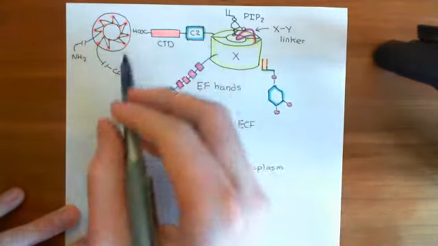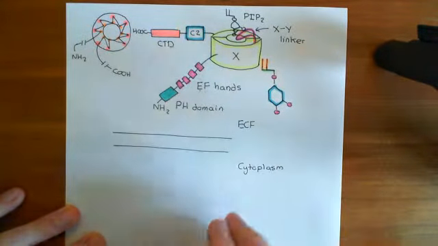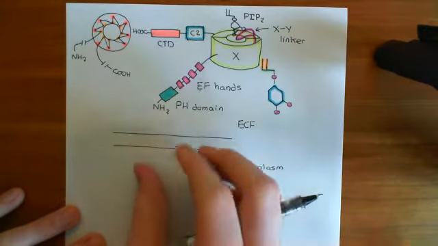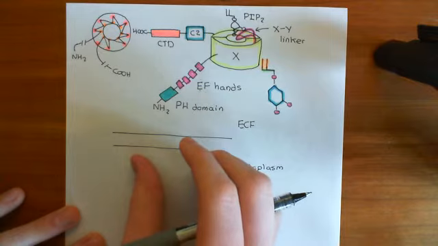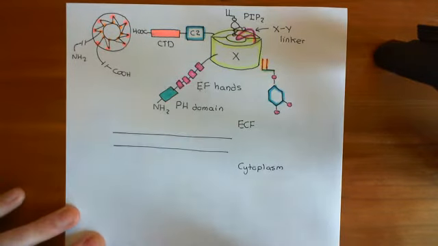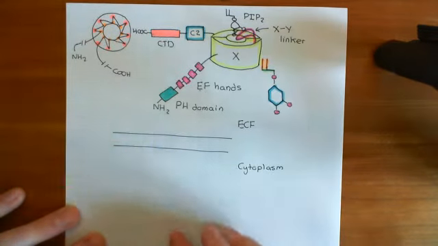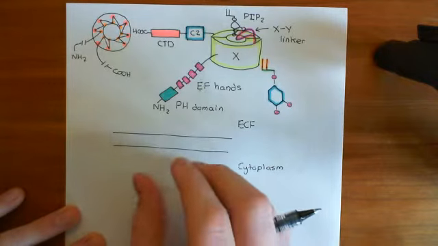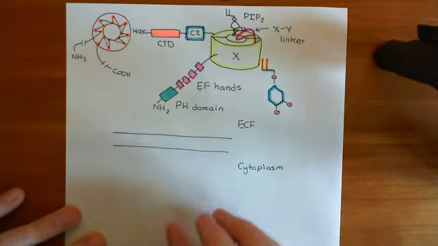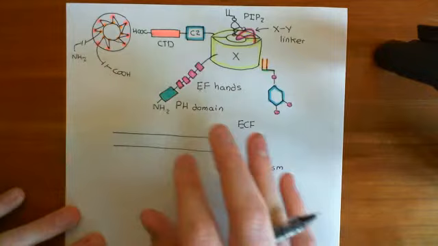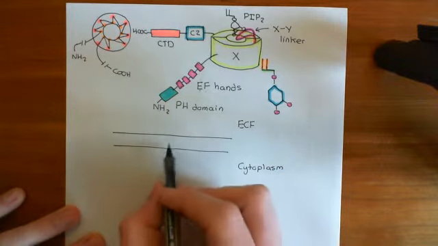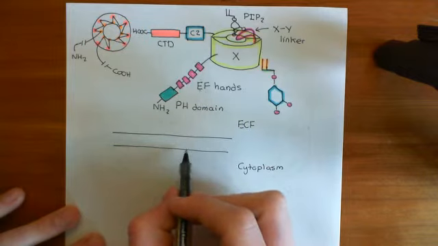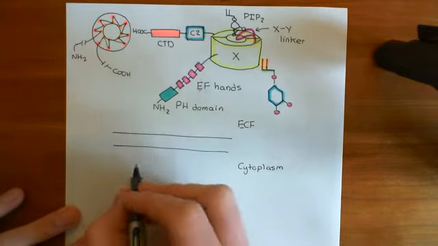Phospholipase C beta enzymes are continually falling off the cell membrane and then rebinding onto the inner leaflet of the phospholipid bilayer. So at any one time you'll have some phospholipase C beta enzymes that are attached to the inner leaflet and some that are not.